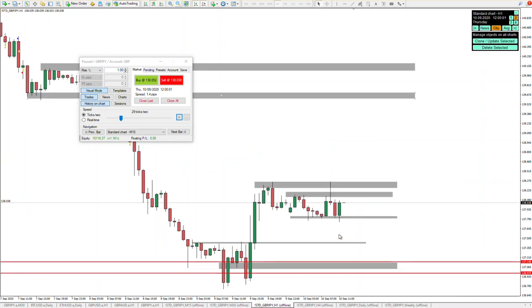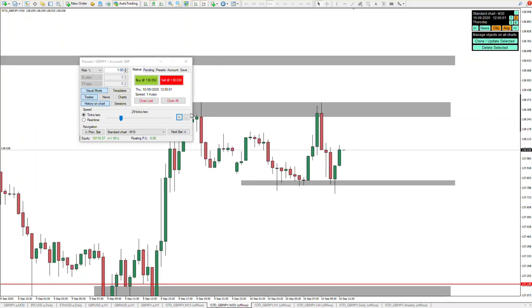The hourly is just looking bad because we have resistance here. This resistance. I can't buy into 1 hour resistance. Can't do that. Let's go on.